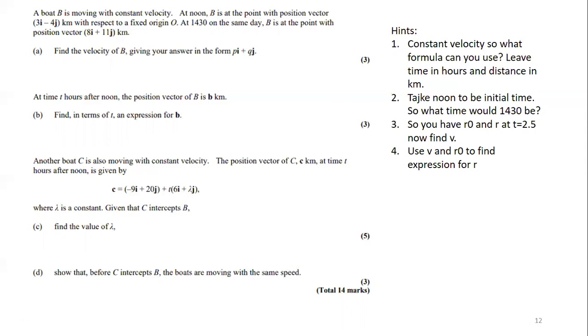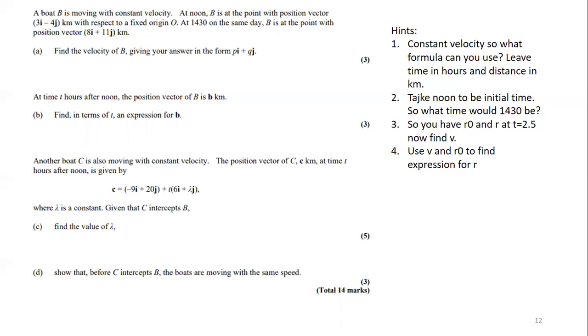Then it says we have another boat C that's moving with constant velocity. The position vector is given by that, but you should notice this time there's an unknown, a lambda next to that j. And it tells us this time that C intercepts B. So it's a bit like that last question, where intercepts means they're equal, so the two position vectors, one for B and one for C, must be equal, so the i's must be equal and the j's must be equal.